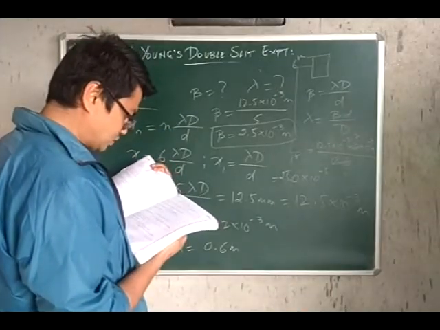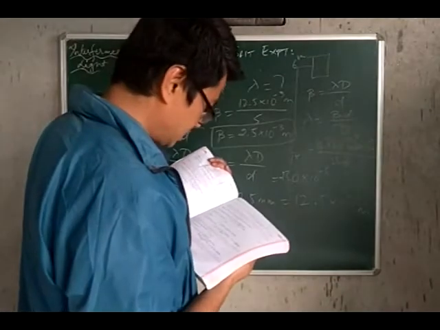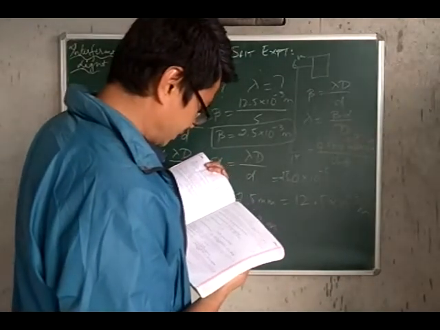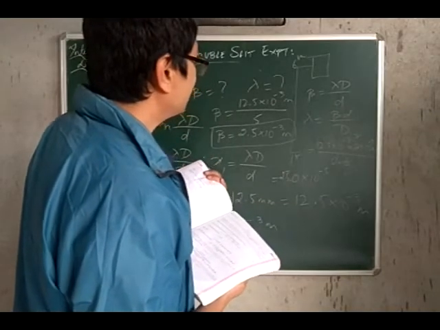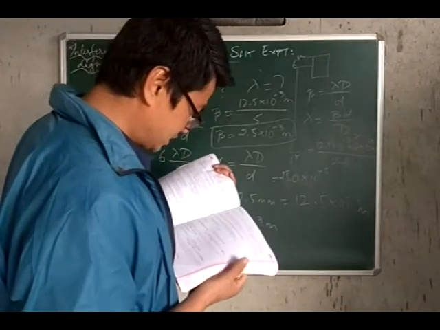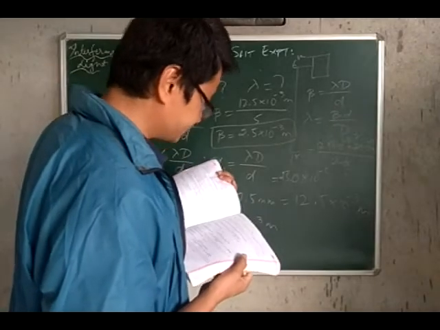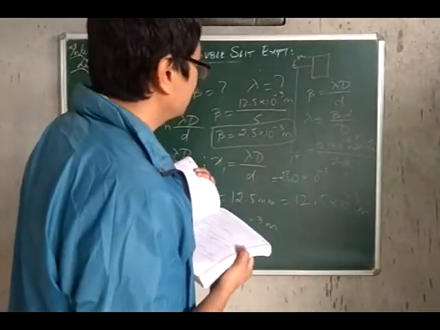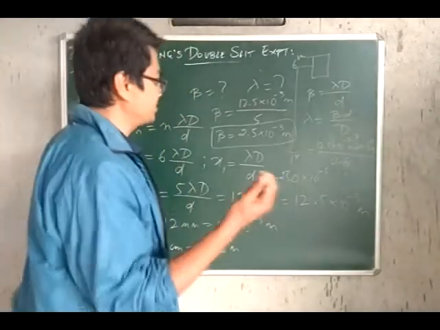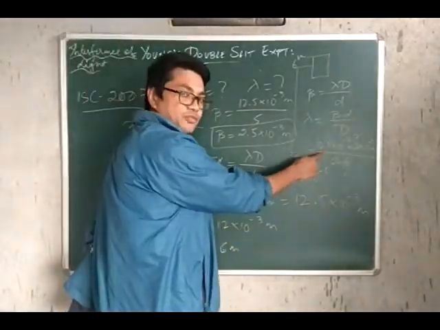Lambda should come out to be, have I made some mistake? Beta is 2.5, my beta is different. Yes, that is where I made a mistake, the value of beta.